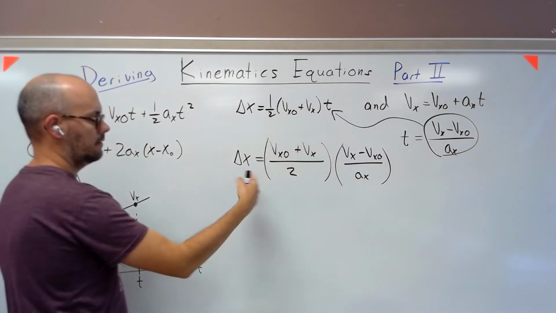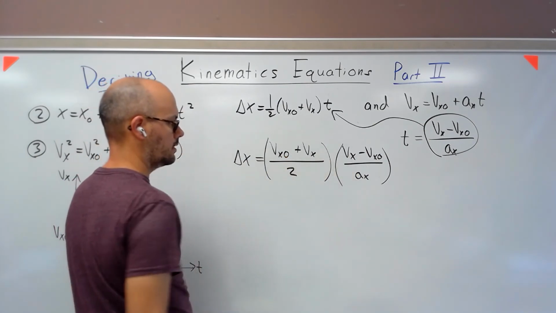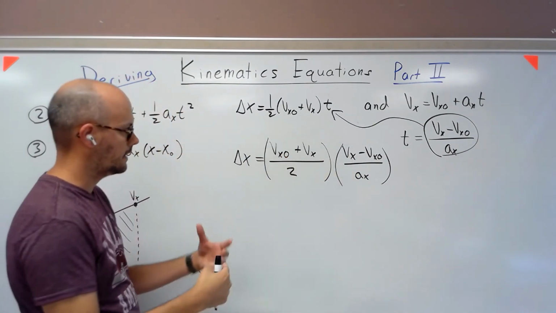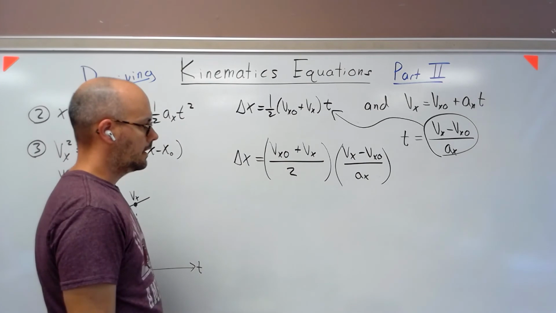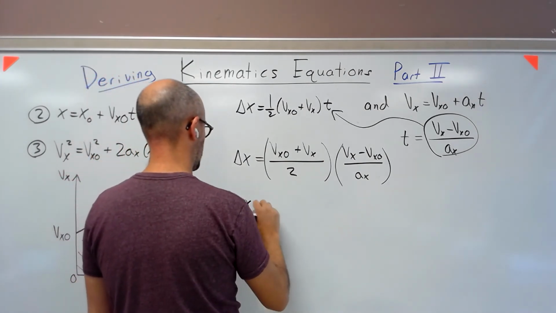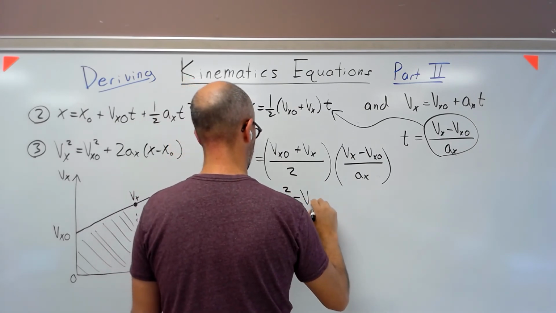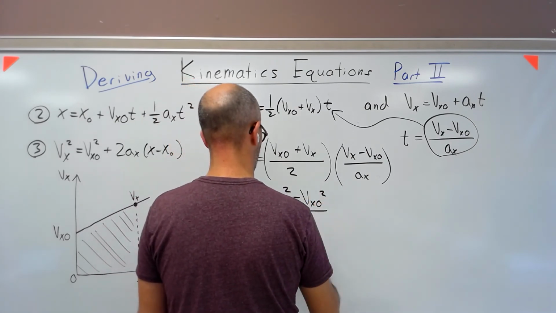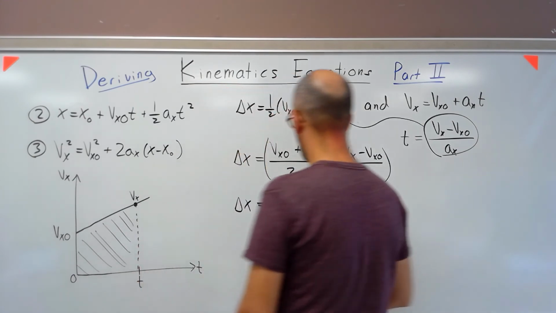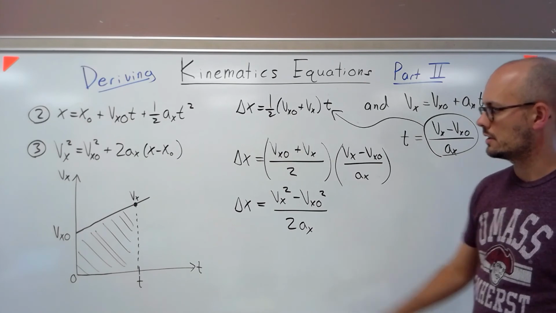And you might remember from algebra that this is a situation where if you FOIL it or make it into a polynomial, you get something rather special. And so delta x equals Vx squared minus Vx naught squared over 2ax.